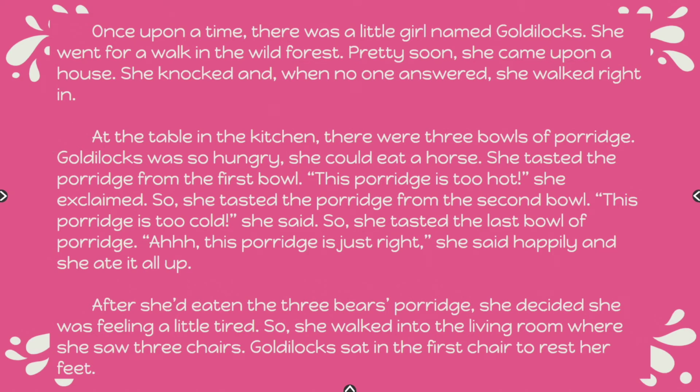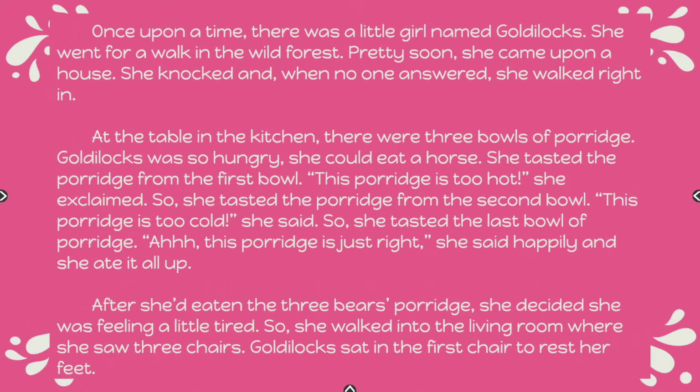She tasted the porridge from the first bowl. "This porridge is too hot," she exclaimed. So she tasted the porridge from the second bowl. "This porridge is too cold," she said. So she tasted the last bowl of porridge. "Ah, this porridge is just right," she said happily, and she ate it all up.